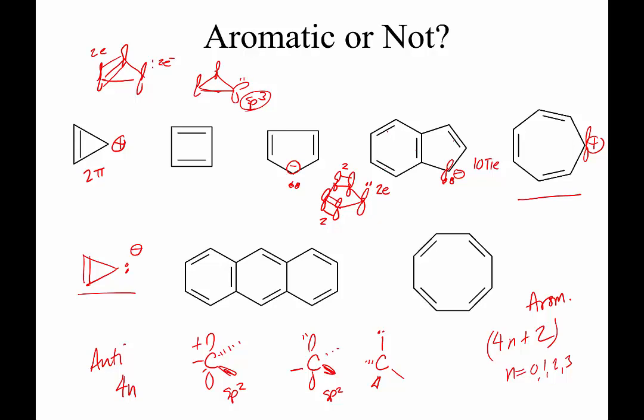I mean, that is the structural characteristic of aromaticity, that you've got parallel p orbitals, and those p orbitals all contain the electrons, 4n plus 2 numbers of electrons. Right. So we're okay with that?